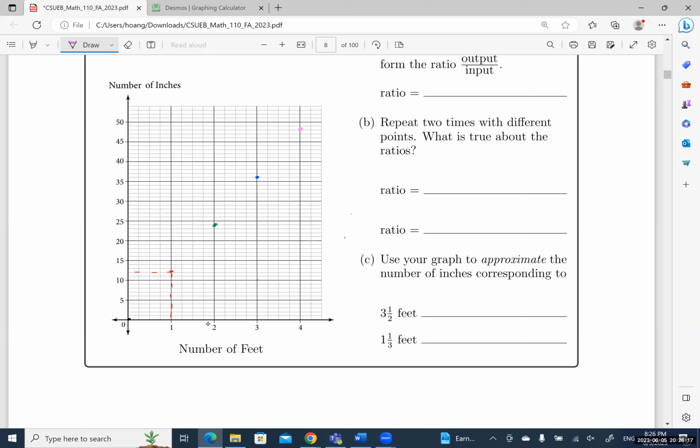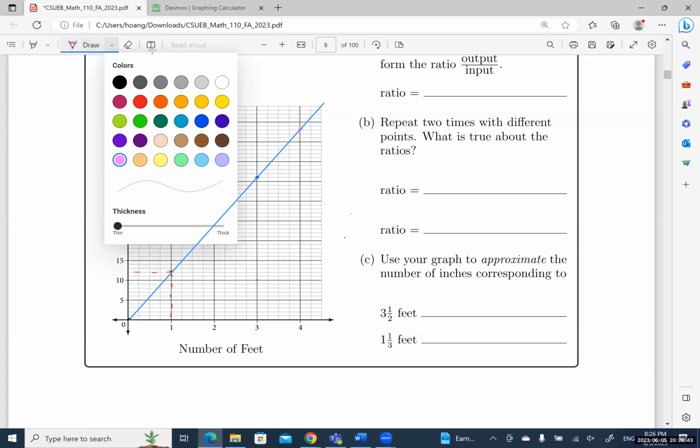So here is the graph. Okay, so if I draw this.